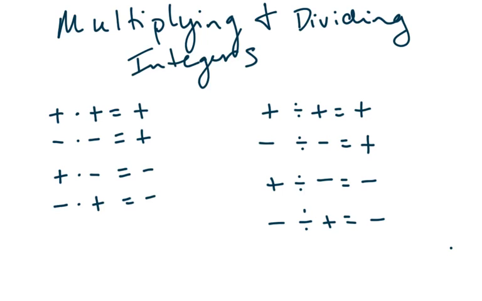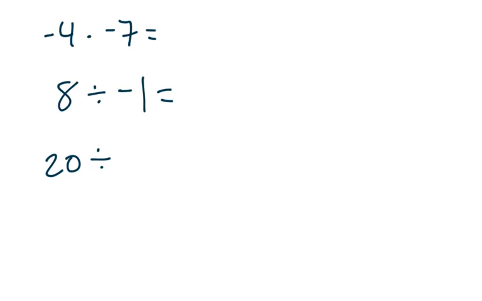Okay, guys, you should have paused and written out these rules, but let's do some practice now. All I'm going to do is write out some problems and then remind myself of the rules as I go through them. So I could do -4 times -7. I could do 8 divided by -1. Let's do -20 divided by -5.